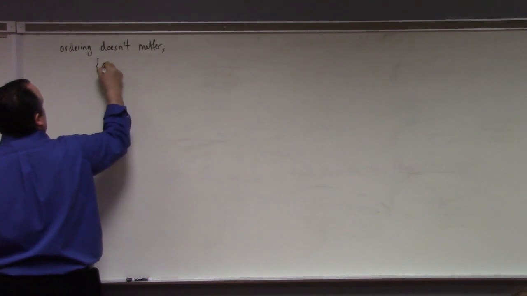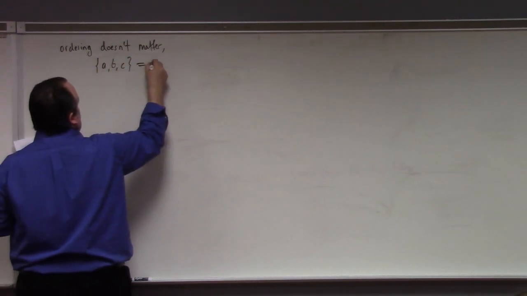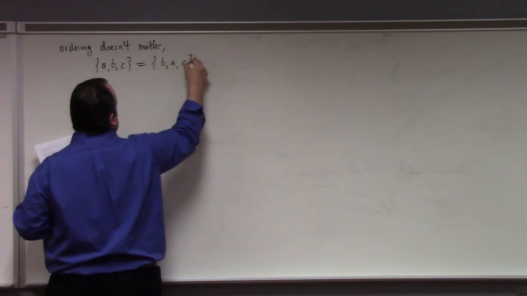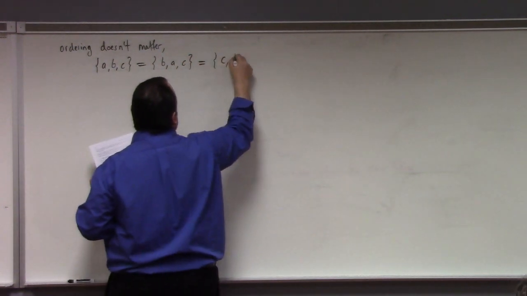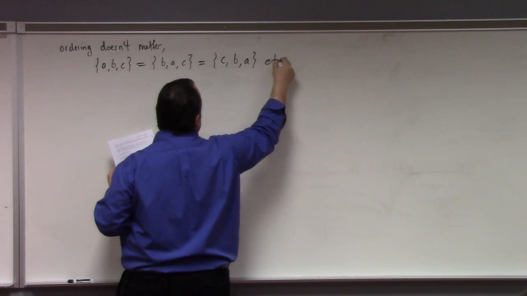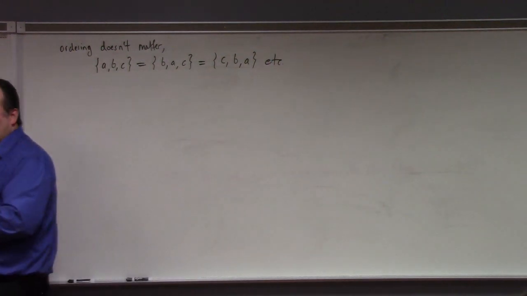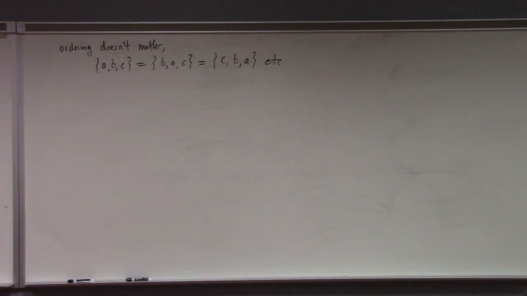So like {A, B, C} is equal to {B, A, C} is equal to {C, B, A}, etc. If we want ordering to matter, then we talk about ordered sets, but that's a different matter. There are places you want to talk about an ordered set, for example, in linear algebra. If you're talking about a basis, you're talking about an ordered set, so the order matters, but in just plain old set theory, the order doesn't matter.